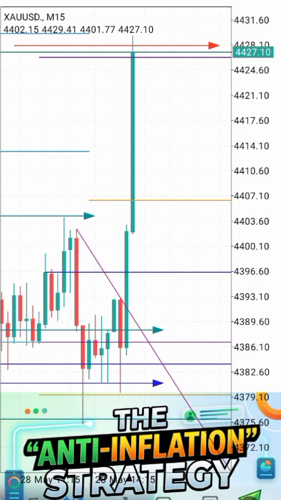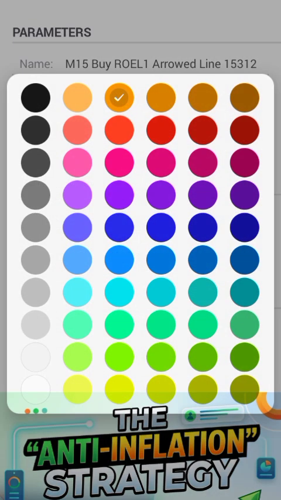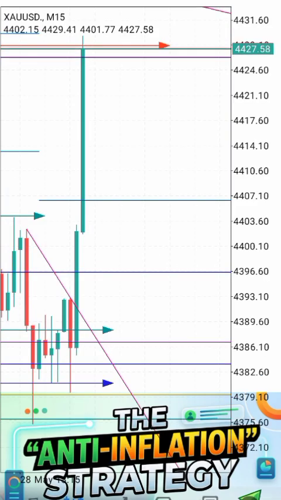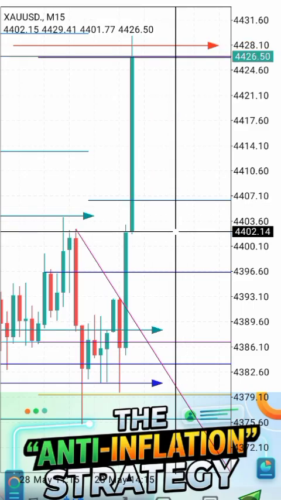So we have marked the future price, that is the buy ROEL entry level 1, which is based on if the market hasn't broken the deviation limit. Remember that this was what we were talking about initially, that when the market gets to 4426, then we'll expect to see it come back down.